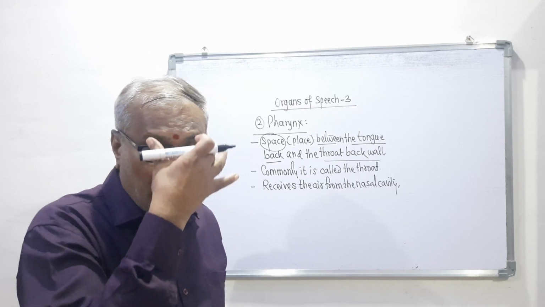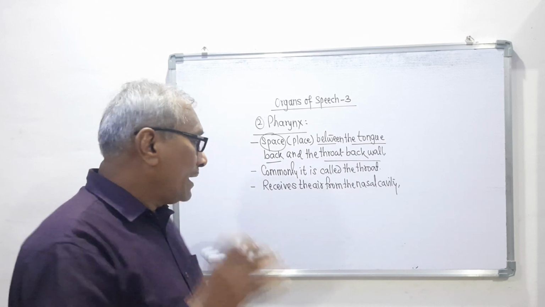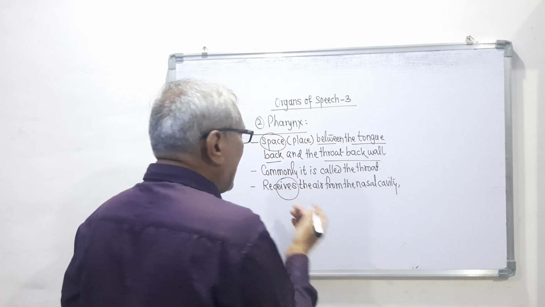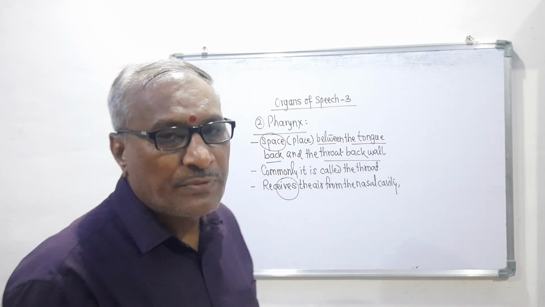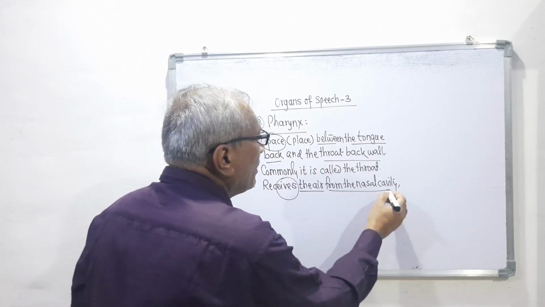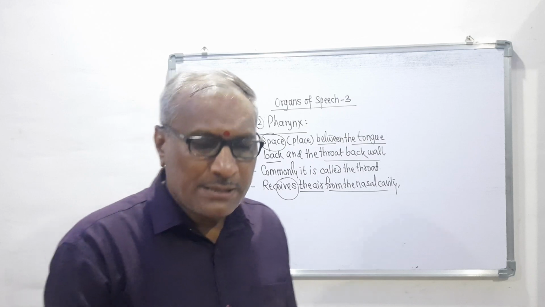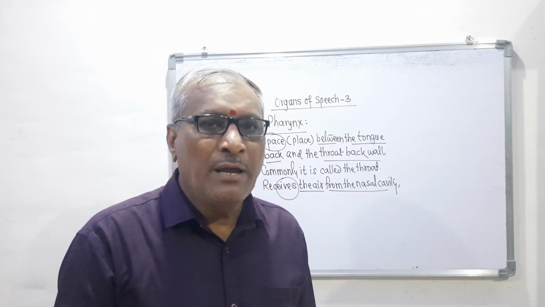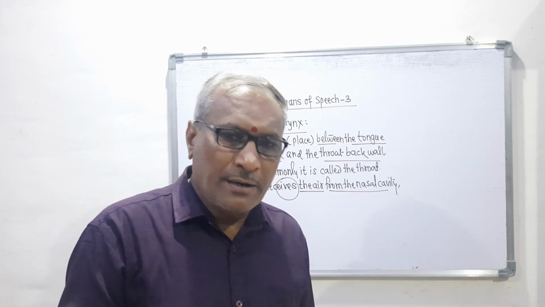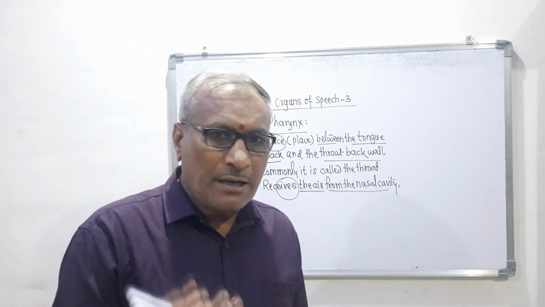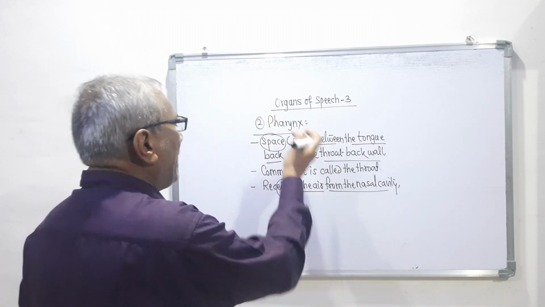This is our nasal cavity, and this pharynx receives, gets, collects the air from the nasal cavity. That air comes from the nasal cavity, and this air is taken by the pharynx.